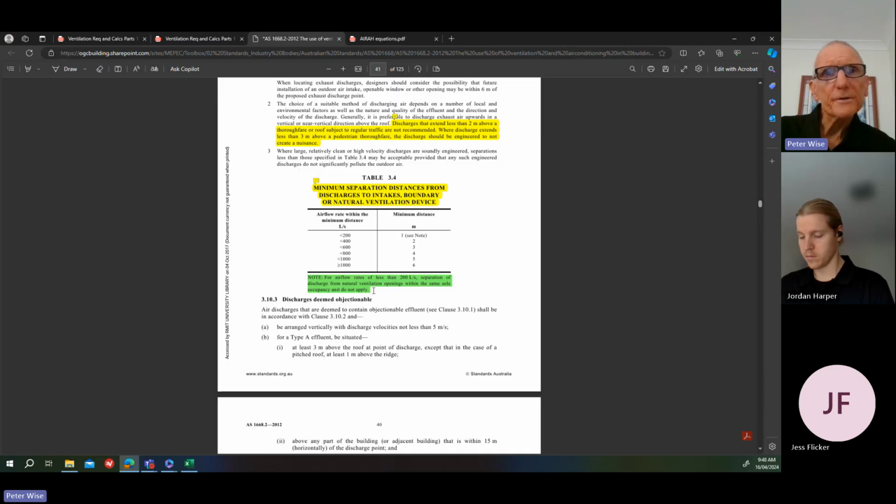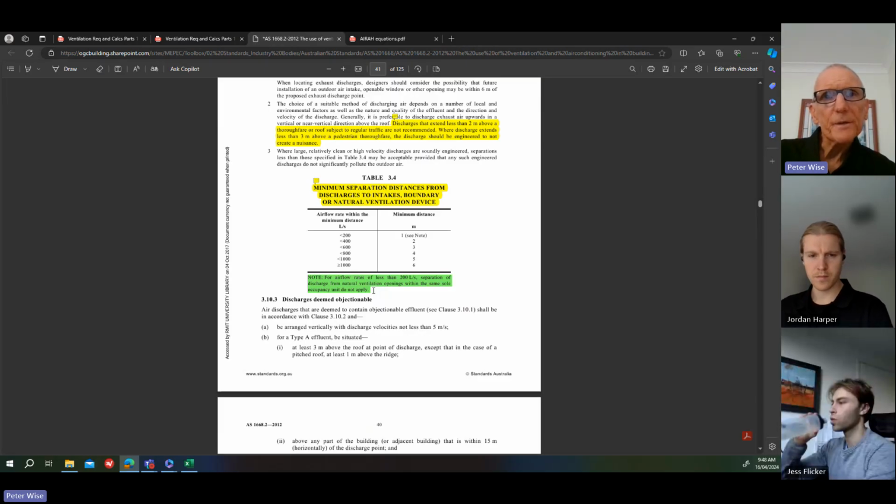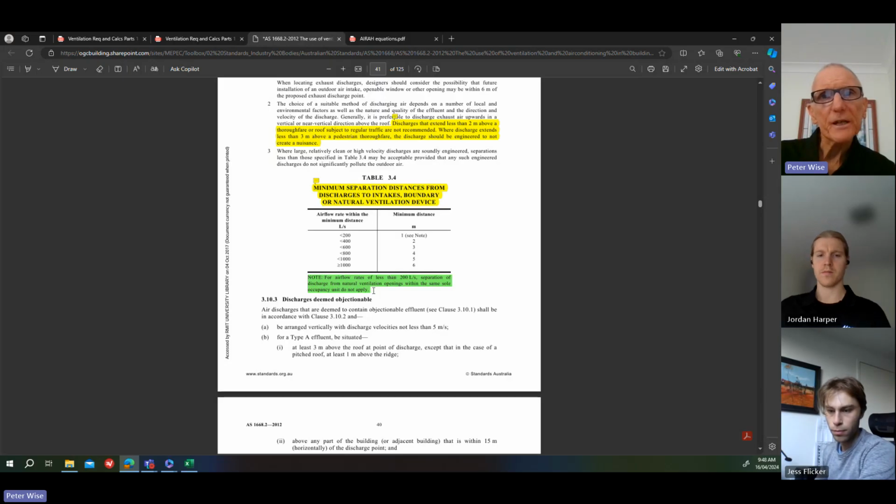Now, I've highlighted a note in green below the table. For airflow rates less than 200 litres a second, separation of discharge from natural ventilation openings within the same sole occupancy unit do not apply.